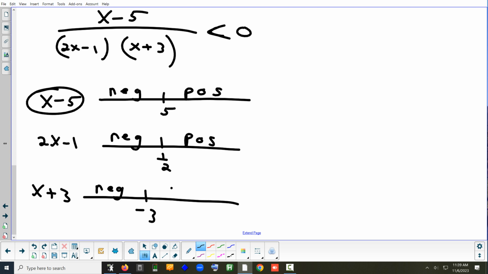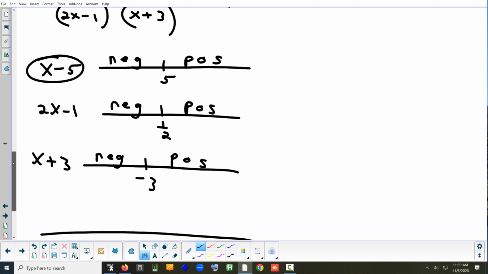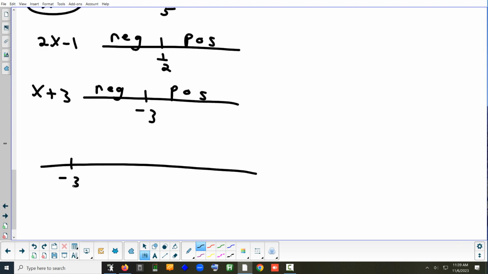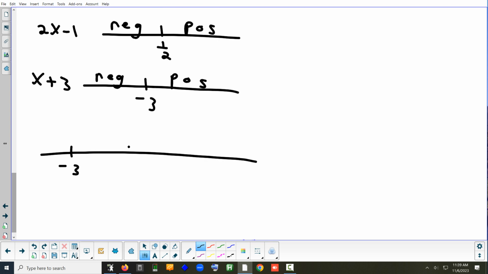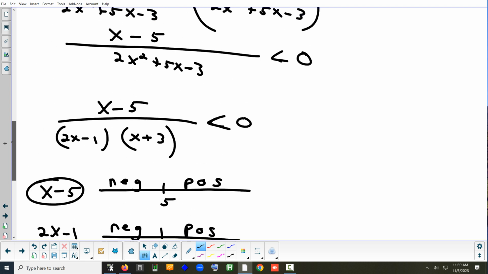Negative. Positive. Okay. So any question up to that? Right, now, let's put it all together on one number line. So we got negative 3, 1/2, and positive 5. Okay.